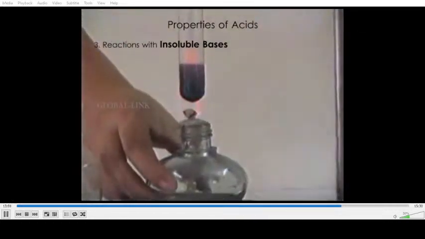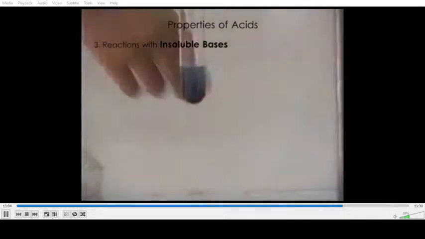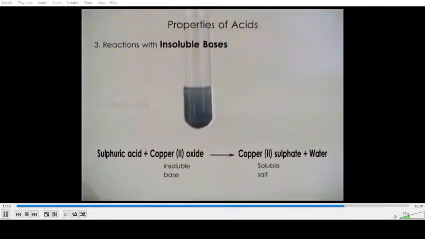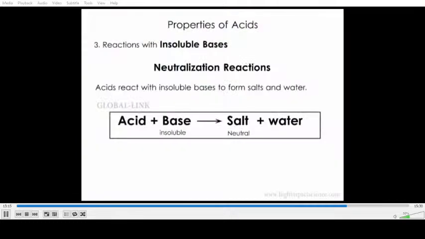From far, we can see a blue solution being formed. By now, you know that is copper 2 sulfate, which is a soluble salt. Again, dilute acids react with insoluble bases to form salt and water.